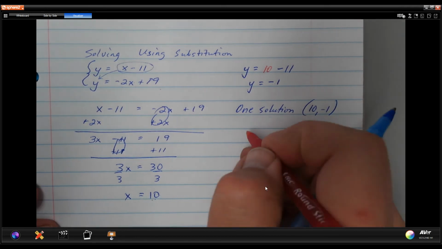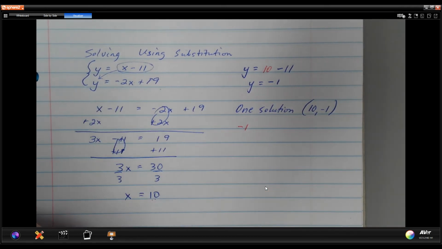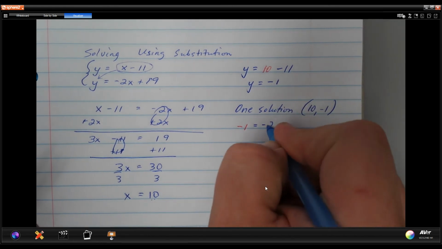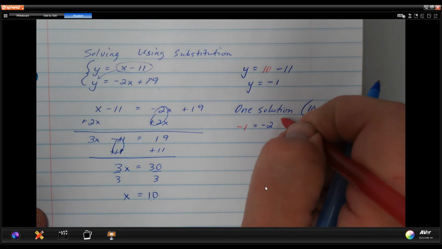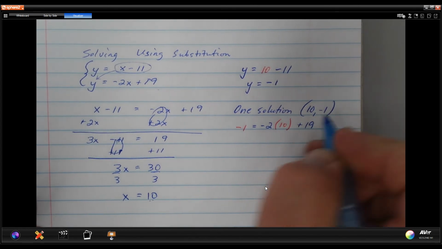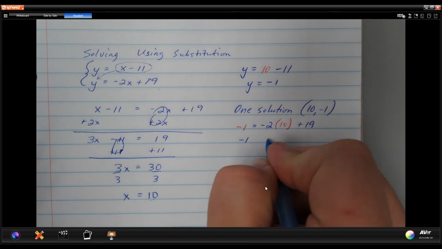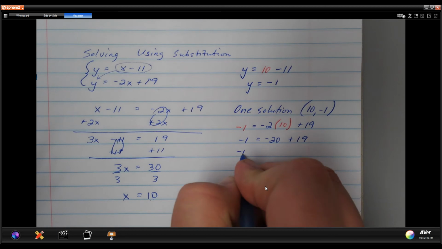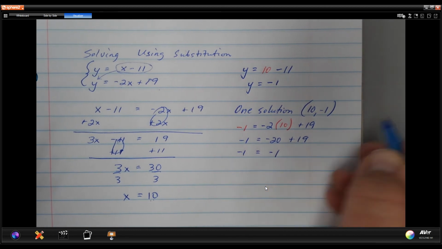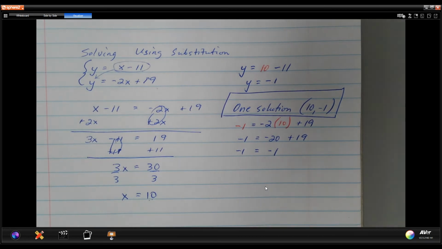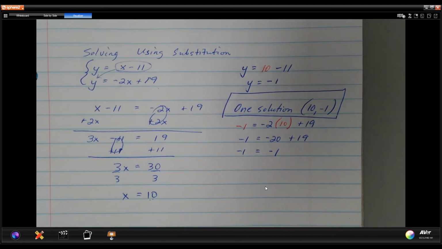So we see that negative 1 is equal to negative 2 times 10 plus 19, making this negative 1 is equal to negative 20 plus 19, and we know that negative 1 is equal to negative 1, so this is our correct solution for this system of equations.